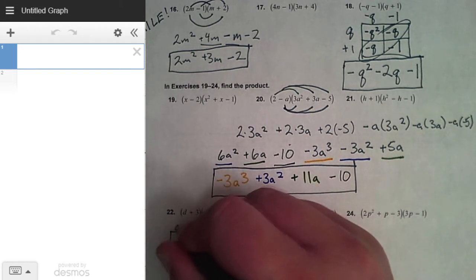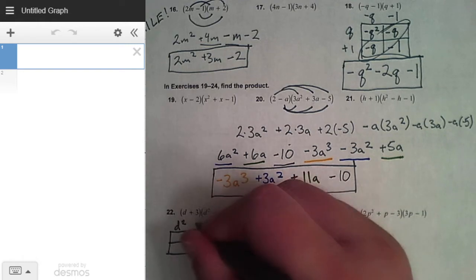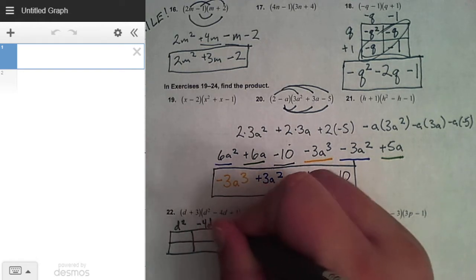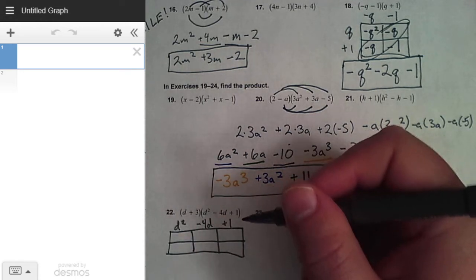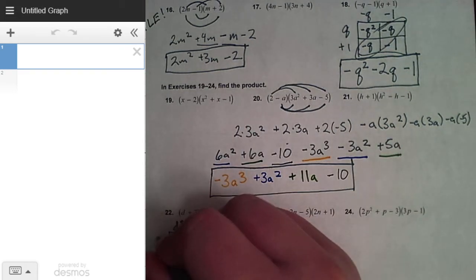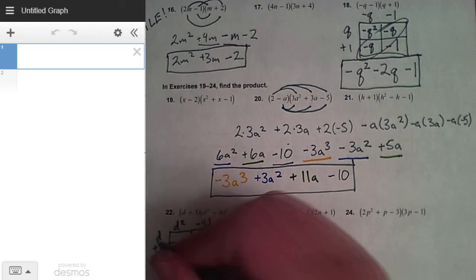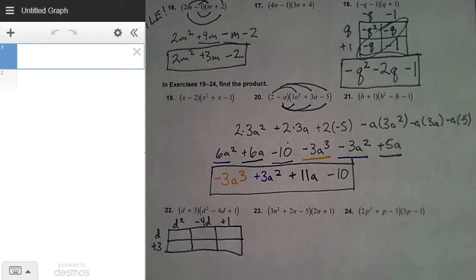So we have d squared minus 4d plus 1. And then we have d plus 3 over there on that side.